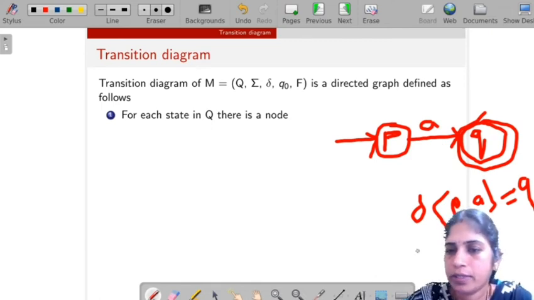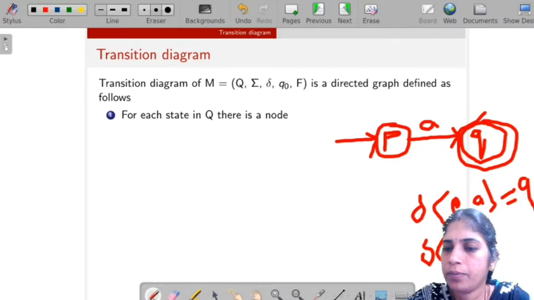Another point is, suppose delta of P comma A is equal to Q and also delta of P comma B is equal to Q itself.